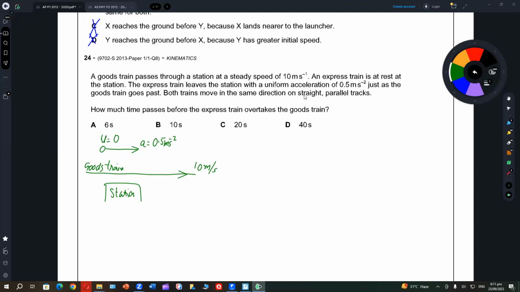So he wants the overtake. Overtake means they will have traveled the same distance, because overtake is possible when they come side by side. How much time passes before the express train overtakes the goods train?